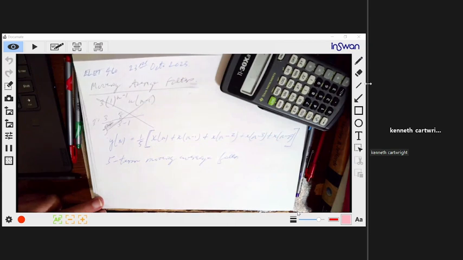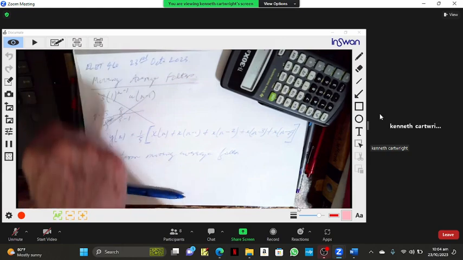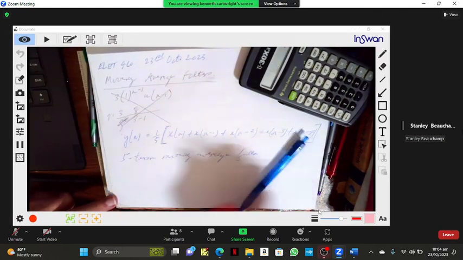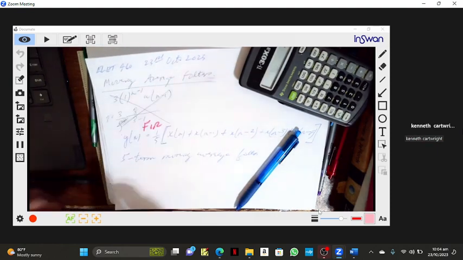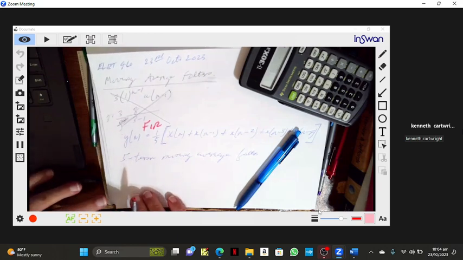That's a FIR filter. So moving average filters are FIR filters.